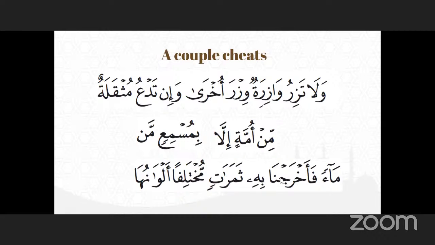So here we have a case of idgham with ghunna, and here, I didn't put the word that comes after it, but there's a throat letter after this. So there's a difference, right?